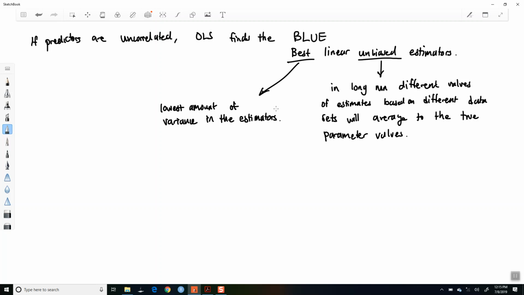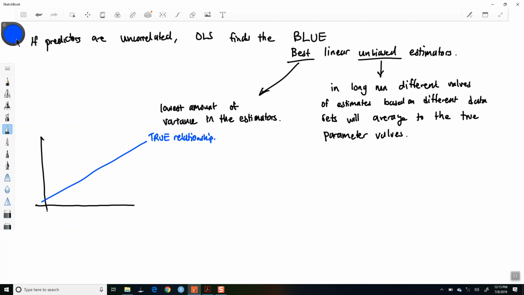Meaning that, maybe this is the true model, the true relationship, and one data set looks like this.